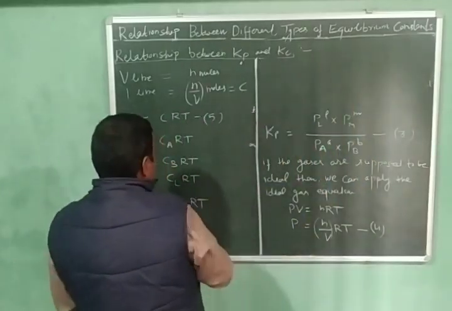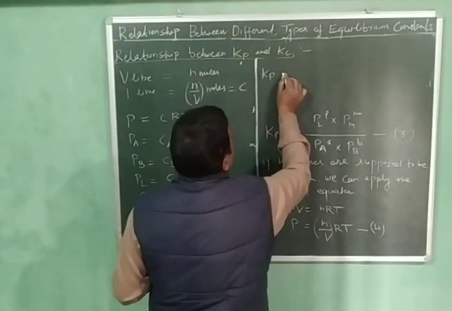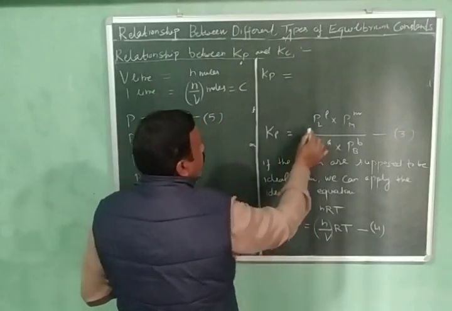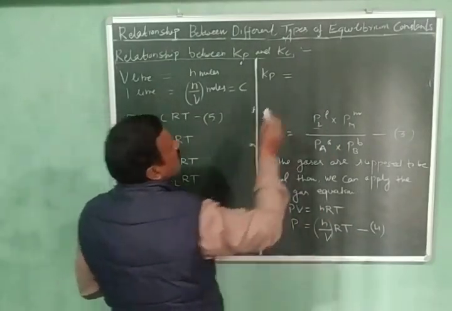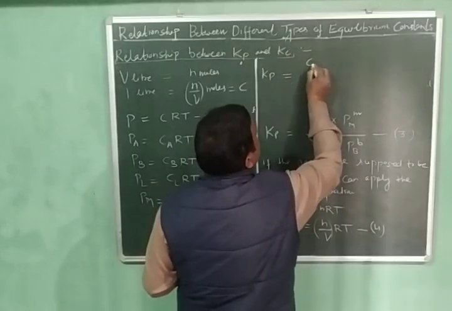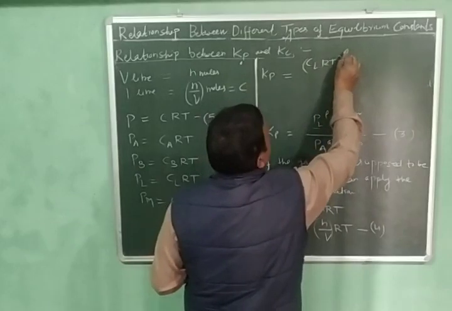So when we substitute the values, Kp will be equal to, in place of Pl, now we will have ClRT raised to power l.